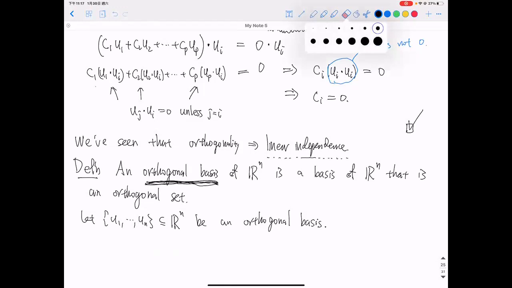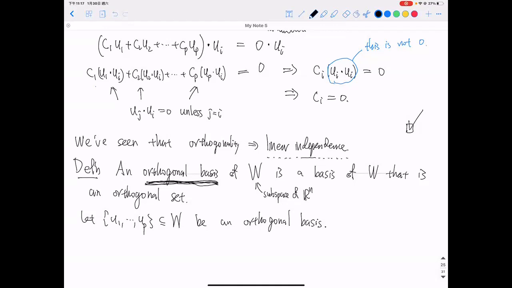So we should change this to W. W here is a subspace of Rn. So this should also be W. Try again. So we're defining the notion of an orthogonal basis of a subspace of Rn. An orthogonal basis of W, a subspace of Rn, is a basis of W that is an orthogonal set.